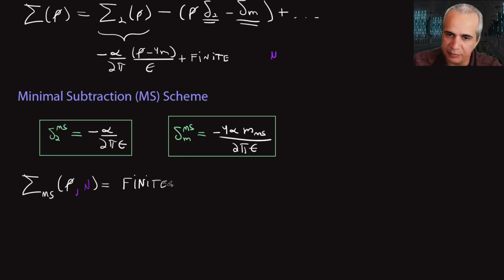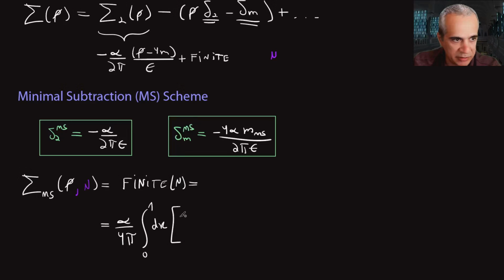But that finite part is mu dependent, because I'm not imposing physicality, let's say, on this guy. So this will be just alpha over 4 pi integral. I'm just repeating some expressions we have seen many times today.